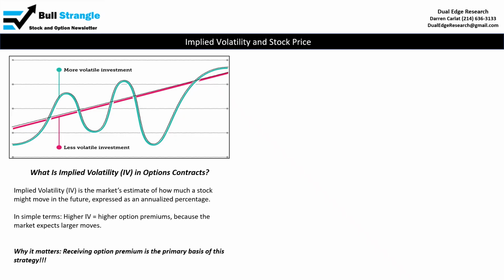In simple terms, higher IV, or implied volatility, equals higher option premiums because the market expects larger moves. Why is this important? Receiving option premium is the primary basis of the strategy. So obviously receiving higher option premiums is something that is important to us.